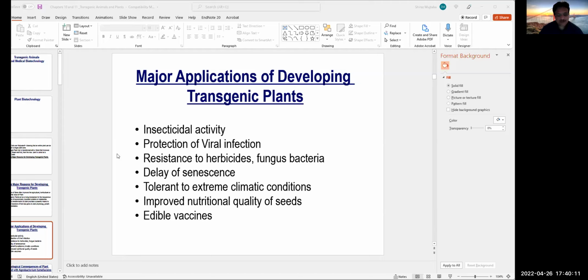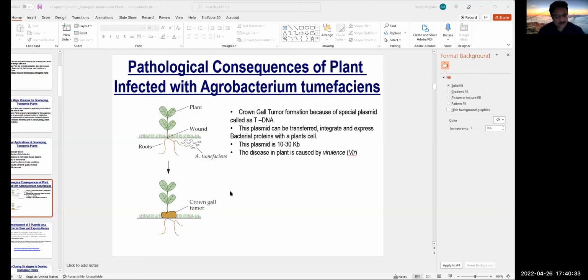So, replenishing the soil, you need plants that can serve multiple purposes. Improve the quality of seeds, improve the quality of soil, as well as make the plant stronger, right? So that's the purpose of plant biotechnology, creating transgenic plants, for increasing the productivity, reducing the price, and making these plants more suitable for changing climate.